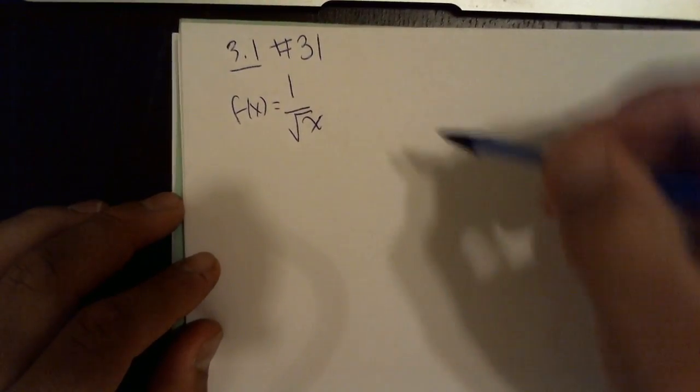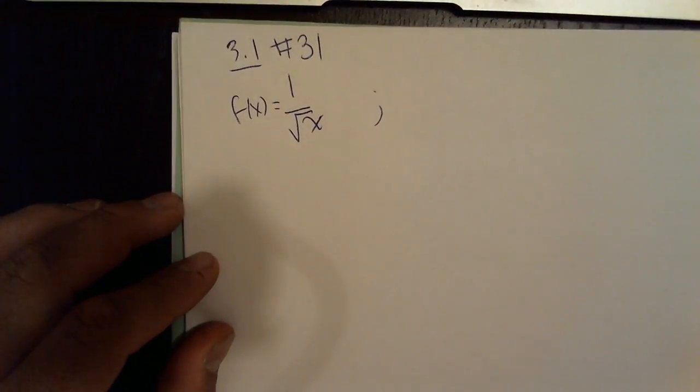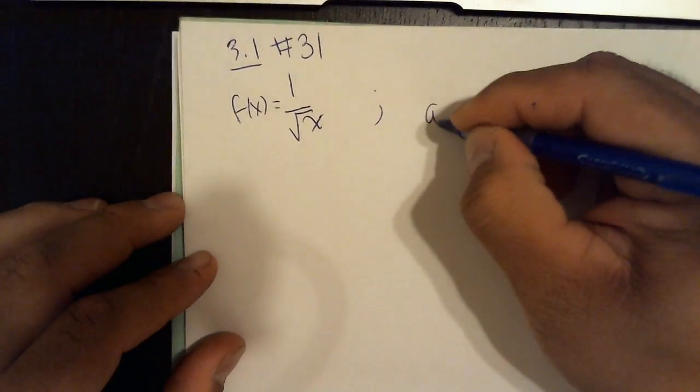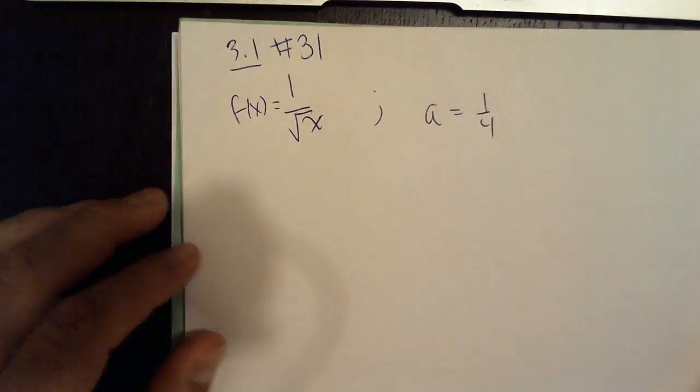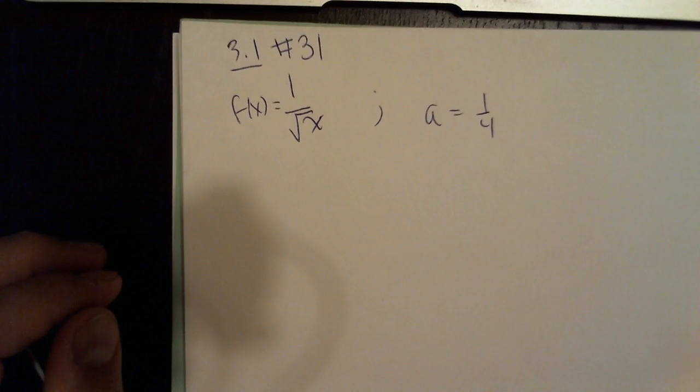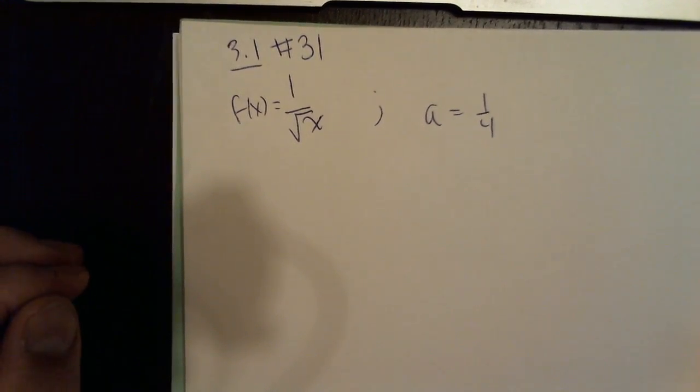Then we're going to find the equation of the tangent line when A is equal to 1/4. In 3.1, I believe, yes, we are going to use the limit definition.